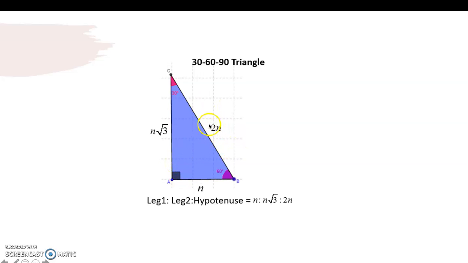And in our 30, 60, 90 triangle, the hypotenuse is actually 2 times the n value, so twice the length of the base down here. Our other side is across from the 60-degree angle. That's going to be n times the square root of 3. So these are our ratios. They're written in word form if you prefer to look at the words instead of the pictures.